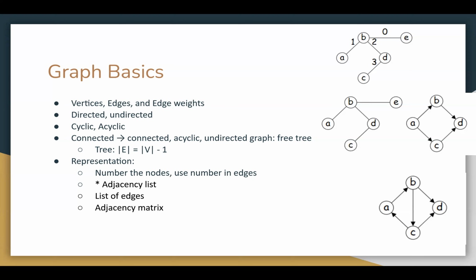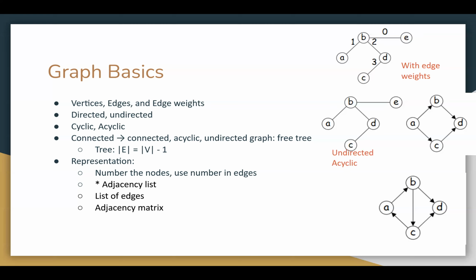And I have some examples on the right for us to go through. The first one, on the topmost, would be a graph with edge weights. Does anyone know how we would classify the next graph here, using directed, undirected, and so on?